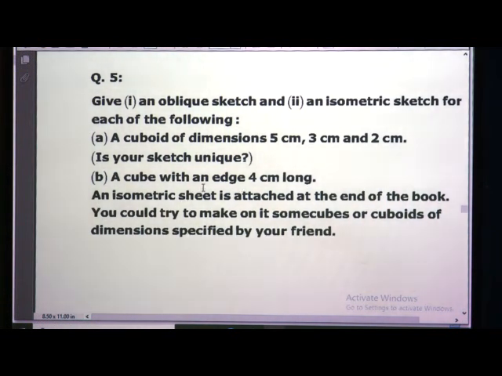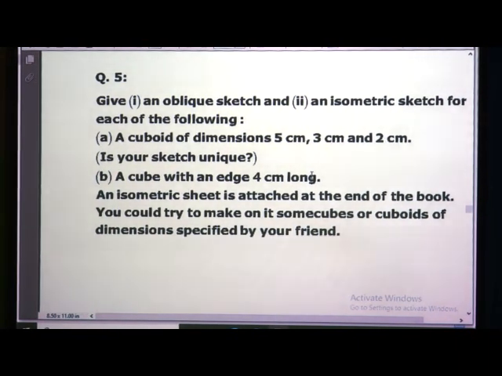and you can prepare an isometric sketch. Here are some examples of oblique sketches and their isometric sketches for each of the following: a cuboid of given dimensions. As I told you, when the dimensions are different, you can say it is a cuboid. And a cube with edges 4 centimeter long: only one edge is given to us, which means it is a cube, all the sides being equal.